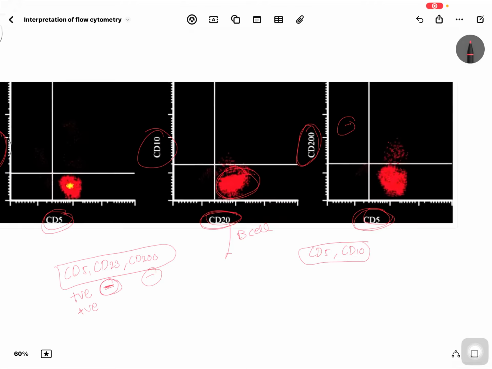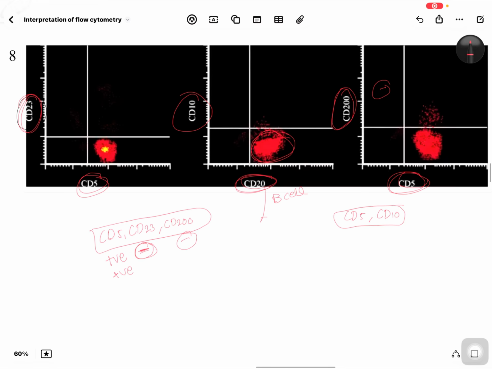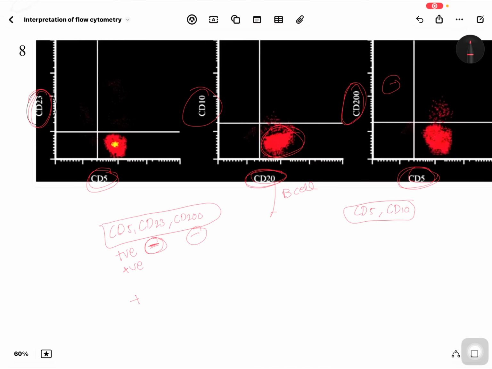But if CD20 is positive, what do you think this is? Yes, this is what we have already studied. When CD5, CD23 and CD200 are positive, it becomes CLL. But if only CD5 is positive and CD23 is negative and CD200 is negative, this becomes mantle cell lymphoma.